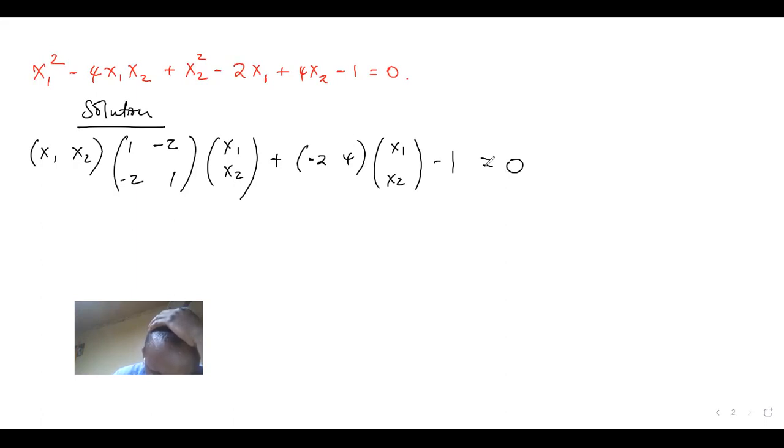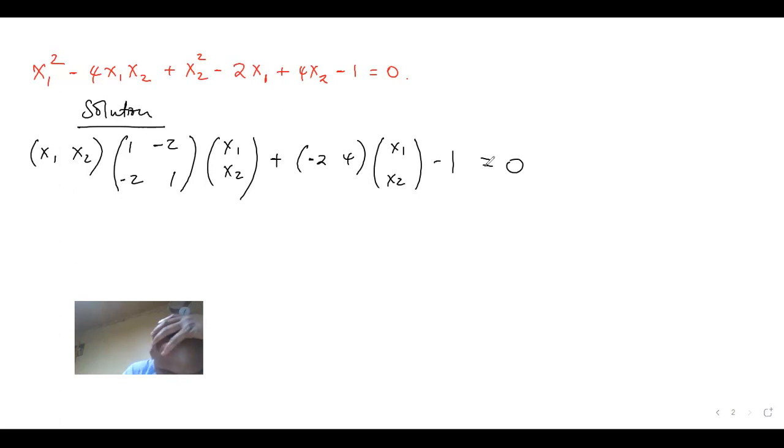So the first step, we orthogonally diagonalize A. Yeah, so the first step was to make it a matrix, and we did. So that is something we can do.